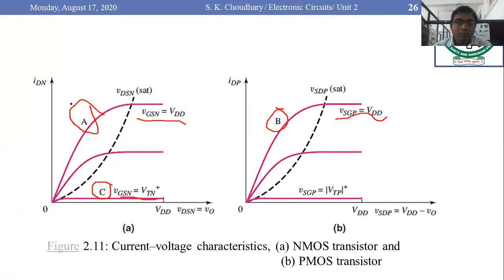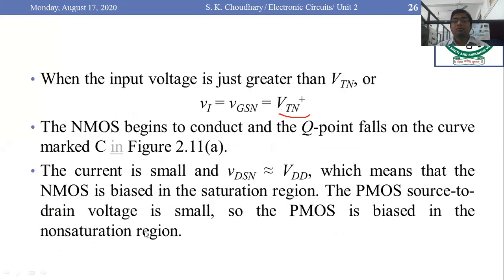If you think of a DC load line, the Q point would drop from this level to this point C. The Q point moves downward in the IV characteristic. Okay. And this is only possible when you increase the input voltage above the threshold voltage.